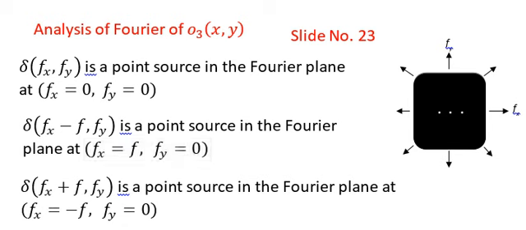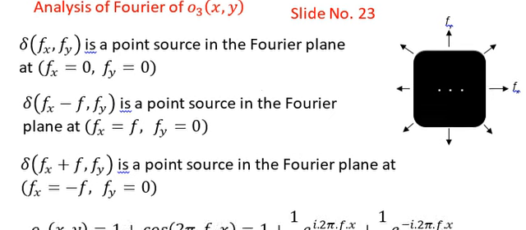The point on the left is delta of fx plus f, comma fy, a point source in the Fourier plane at fx equal to minus f and fy equal to 0. So these are the three delta functions. The two side delta functions have an amplitude which is half the amplitude of the central point source.